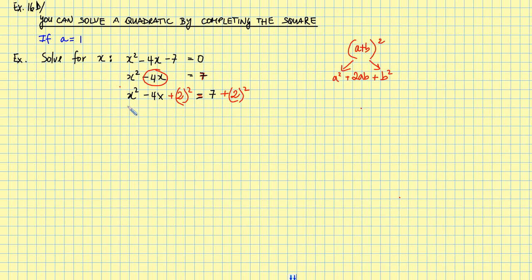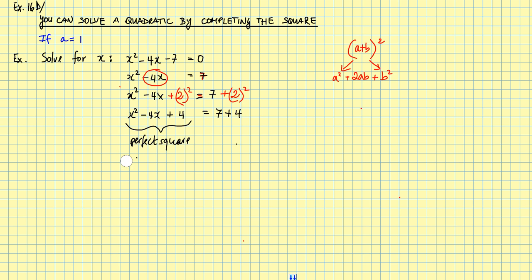So in doing this, I now have x squared minus 4x plus 4, and that equals 7 plus 4, which is 11. What I have created here is a perfect square, so I can now factorize the left-hand side of my equation.